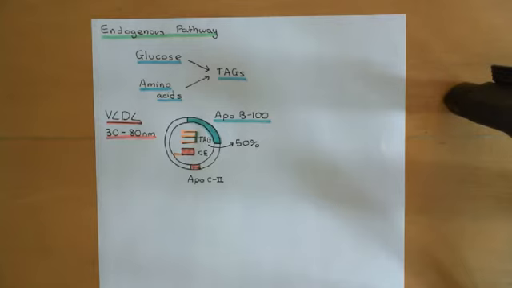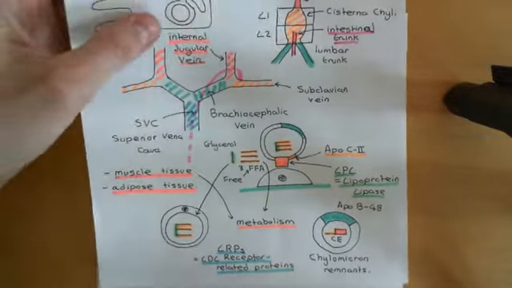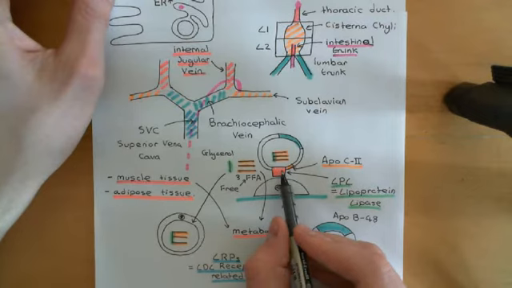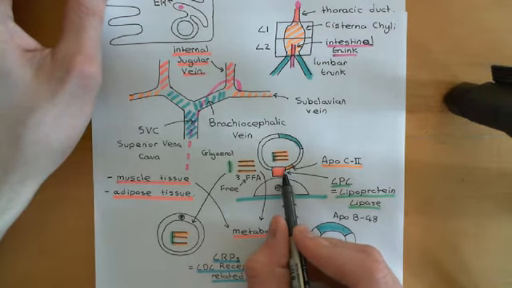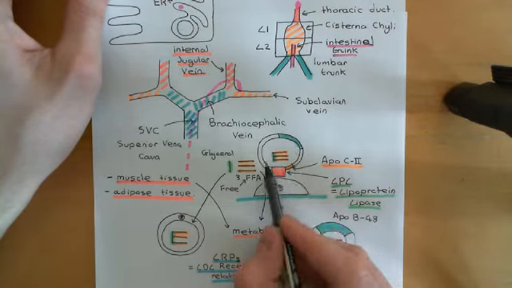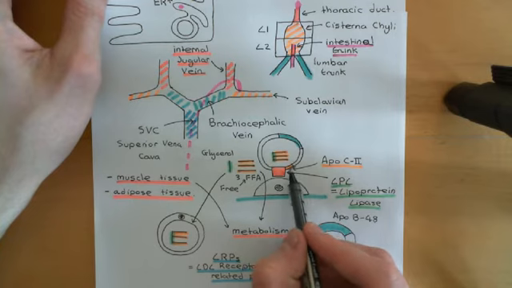Right, so now these things are going to circulate in the blood, and they're going to go into capillaries in muscle tissue and also in adipose tissue. There, what's going to happen is exactly the same as what happens in the case of chylomicrons. If I just get the picture back, I would be basically drawing the exact same picture again. Lipoprotein lipase is going to stick its head into the VLDL particles.